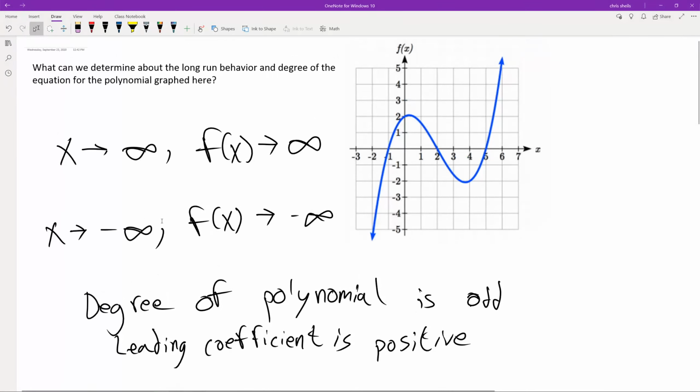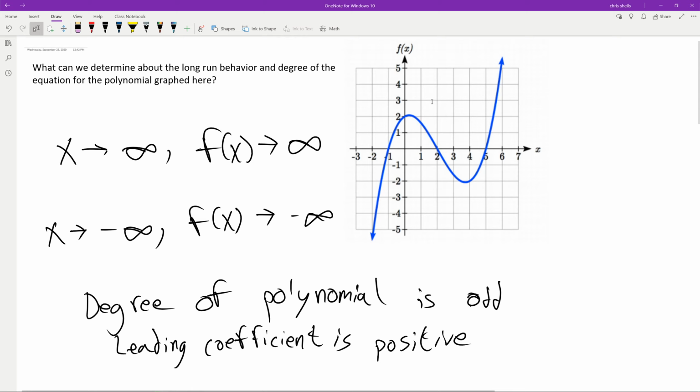So let's look back up at this example here. Notice that this particular polynomial has 3 horizontal intercepts, and it has 2 what we'll call turning points.